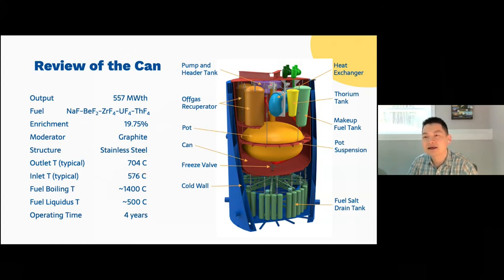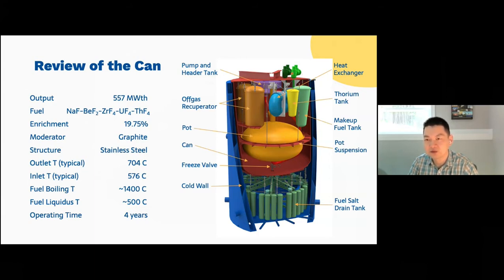The last thing is you see there's two valves here. This is the secondary salt loop. Because we're replacing the cans every 4 years, whenever we have to replace it, we have to cut the connection here. So this valve will stay with the can to isolate the can from the environment.